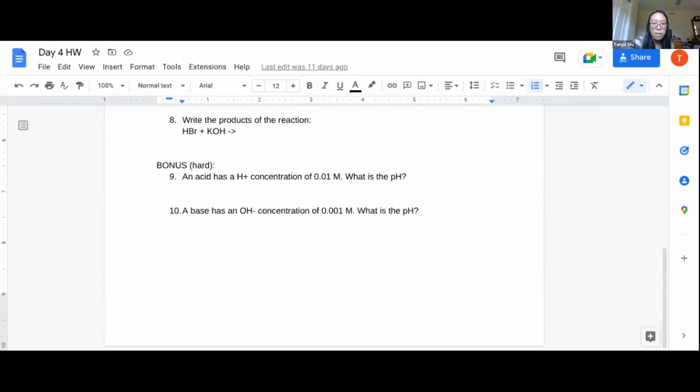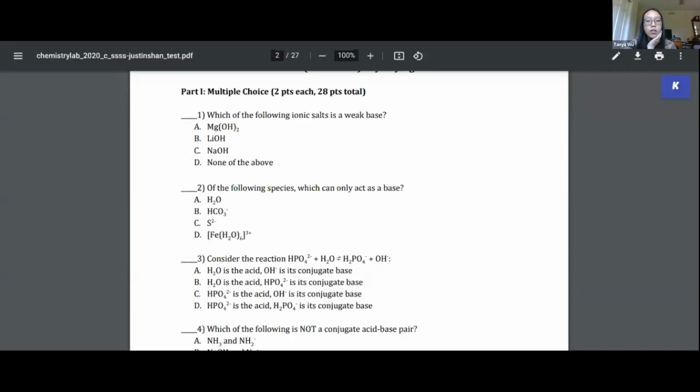Now we're going to do a different one. Which of the following ionic salts is a weak base?